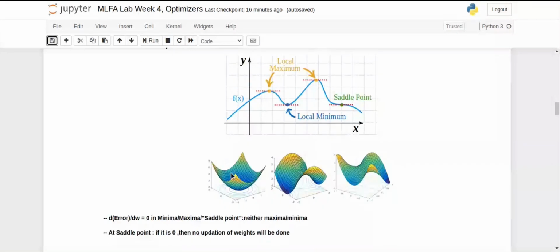And one more difference between convex and non-convex function: in a convex function, if you take any 2 points within this region and try to connect them with a line, you will see that the whole line will lie in this region.